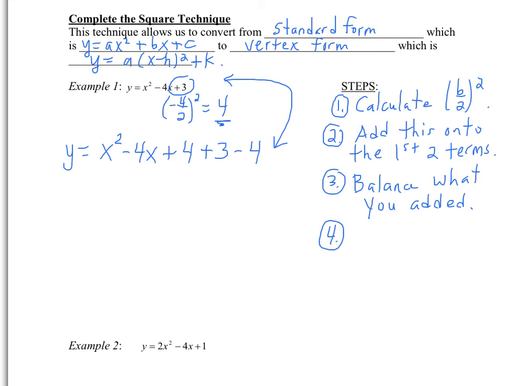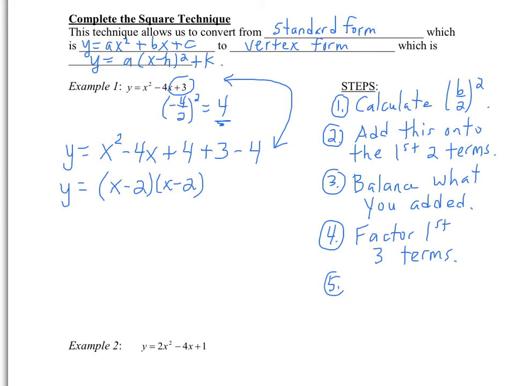So the next step is to factor the first 3 terms. And what you're going to notice is that you will always be able to factor this as 2 identical factors, all right, if you did it correctly. So you want to factor the first 3 terms, and then after that you want to simplify.